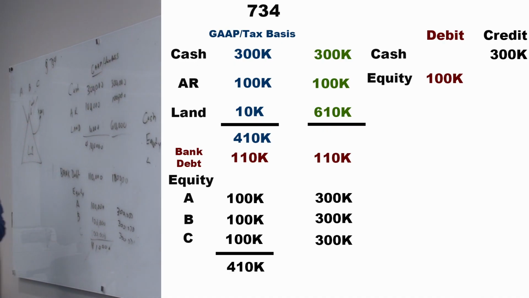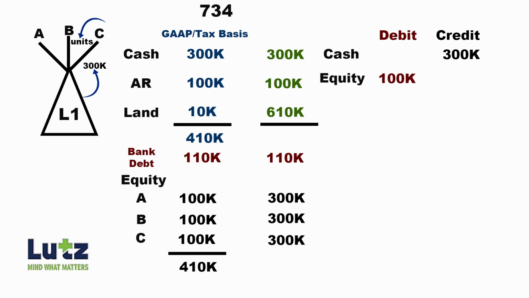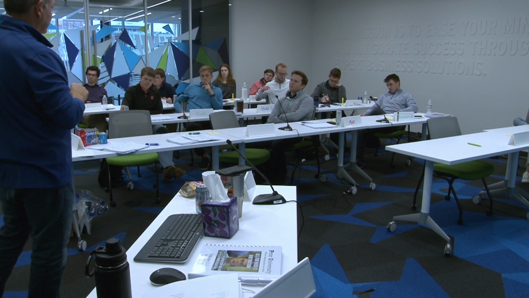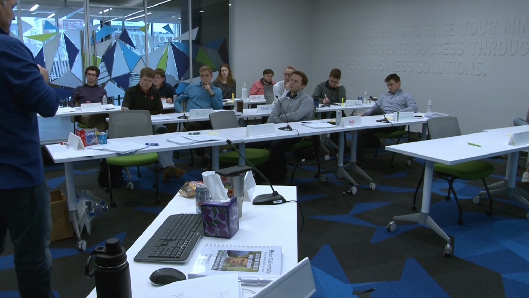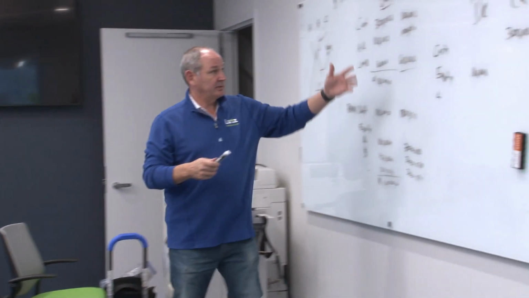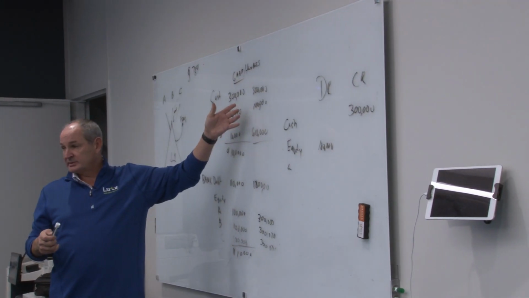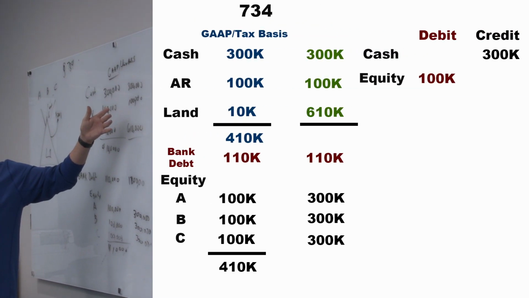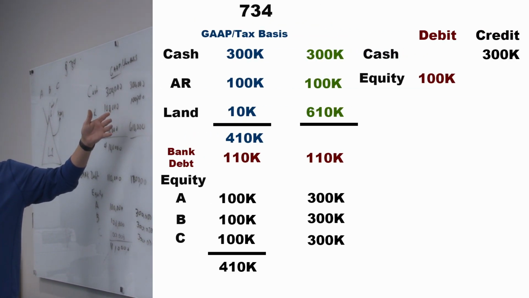Because GAAP and tax are not always the same thing. If you have a GAAP basis financial, you have to convert that GAAP financial into a tax basis. In this case, they're an accrual-based taxpayer, so GAAP and tax are going to be equal. You have to start with GAAP and get the inherent gain from the client, because I don't know it, McKinsey doesn't know it, you don't know it. The client has to tell us where that inherent gain resides.